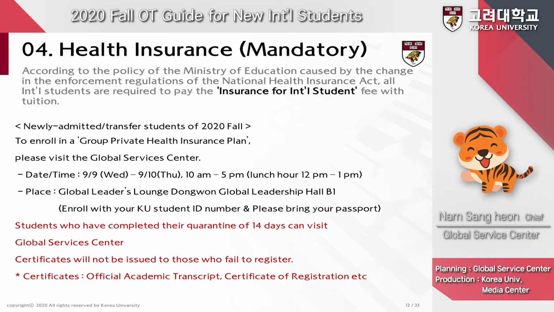The insurance for international student fee is 44,800 Korean won, and details on the insurance plan, including its coverage, is explained in the email that was sent out. So please read it carefully.